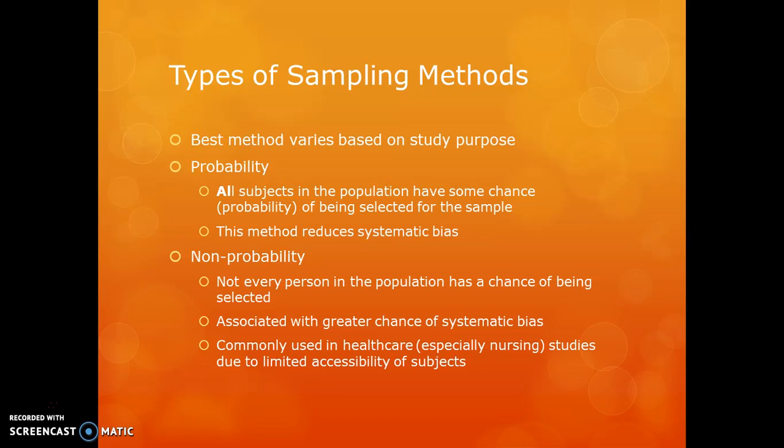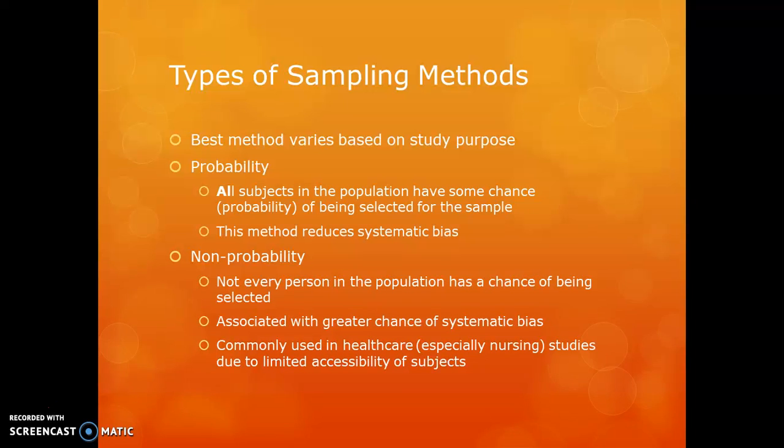The basis of probability sampling is that every subject in the population, all of the population, have some chance, greater than zero, of being selected for the sample. Some people will say, well, you all have an equal chance, but as long as every person in the population has some chance of being in the sample, then you're talking about probability sampling.